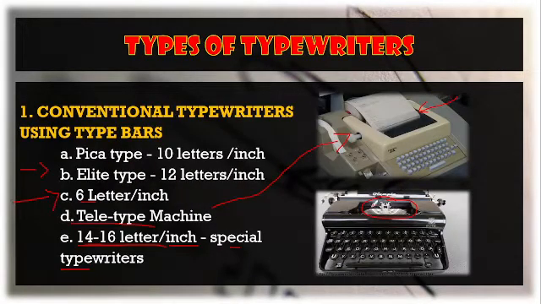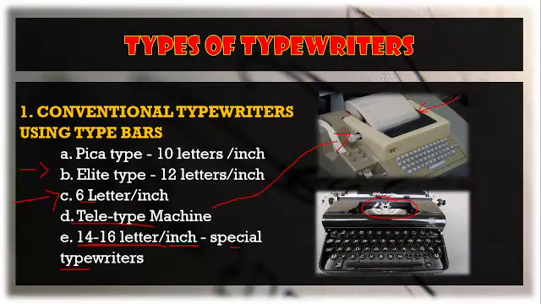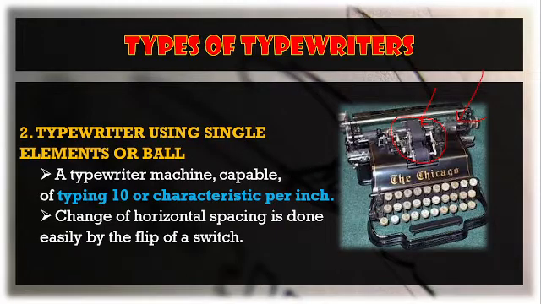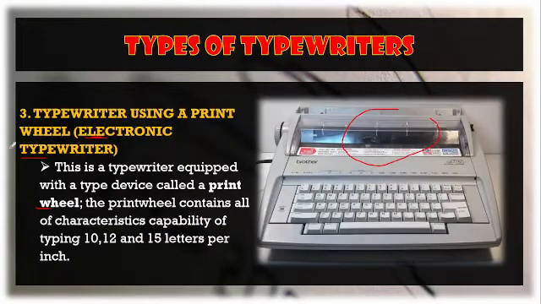Hindi na rin type, it does not already have the typeface, as well as a circular ball, as well as yung itsura na merong typewriting ribbon. Okay, pero as you can see in here, it is an electronic typewriter, or it has a print wheel inside.